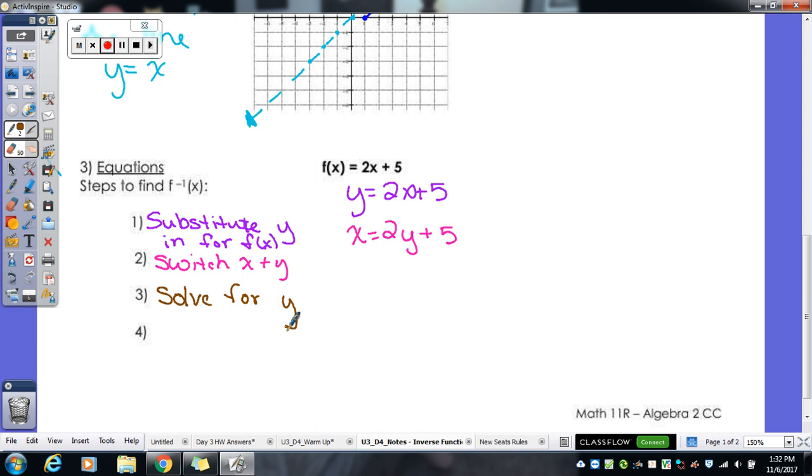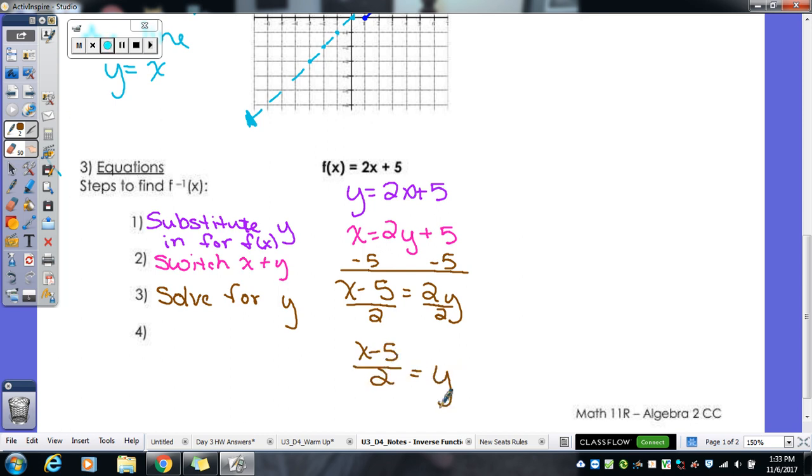So over in our example there, first thing I would do is subtract my 5. So I get x minus 5 equals 2y. And then what's my last step to get the y on its own? Divide by 2.